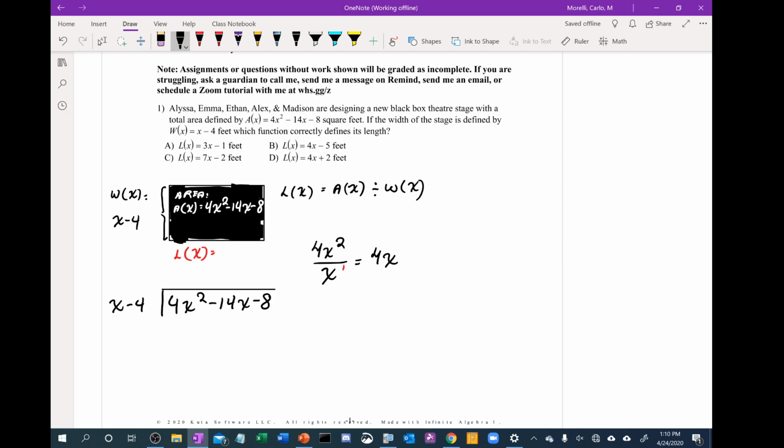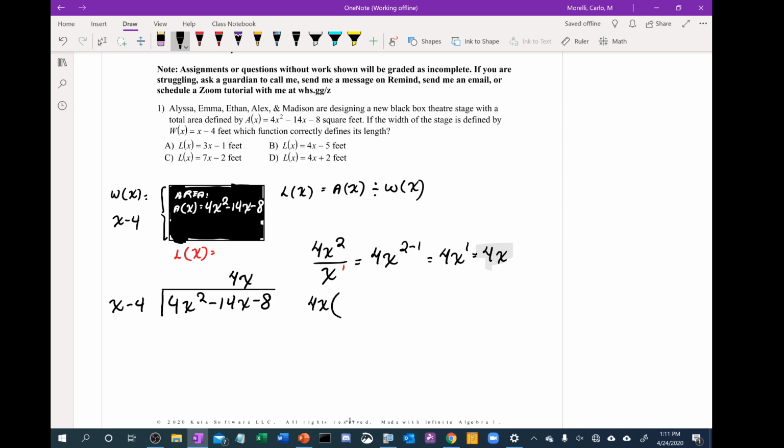The quotient rule says when the bases are the same, you subtract the exponents. So it's 4x to the 2 minus 1, which is 4x to the first, which is just 4x. And that is a quotient term. So we'll write 4x above its matching component in the dividend. And we'll multiply 4x times the entire divisor. First term of quotient by the entire divisor.